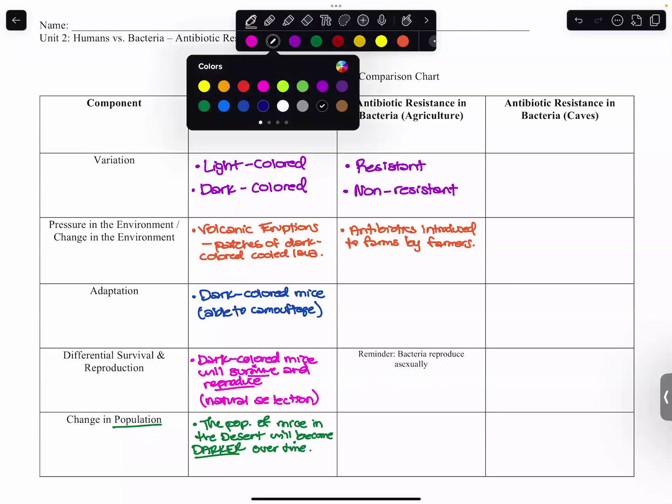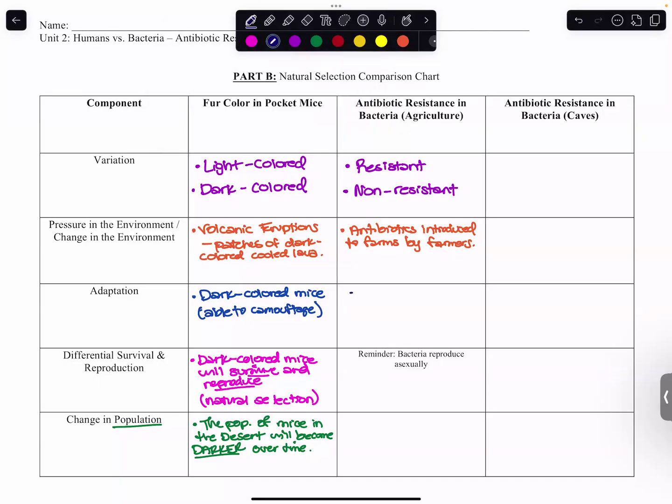And what do we expect that to lead to? Well, our adaptation for this is the resistant bacteria will survive exposure to antibiotics.